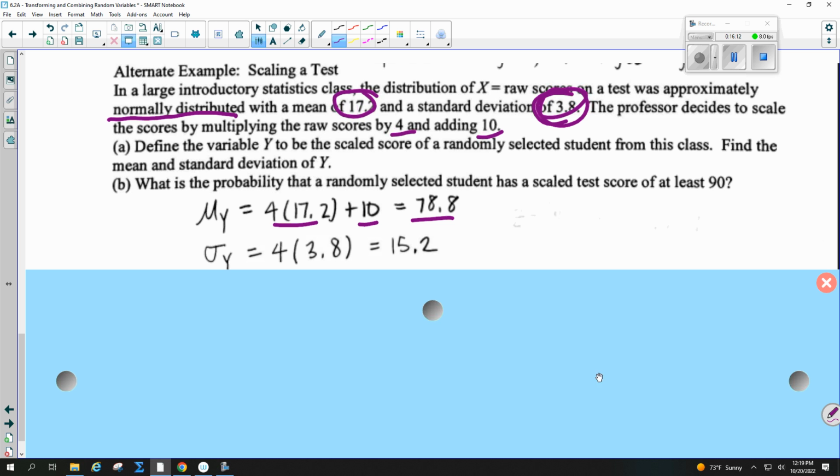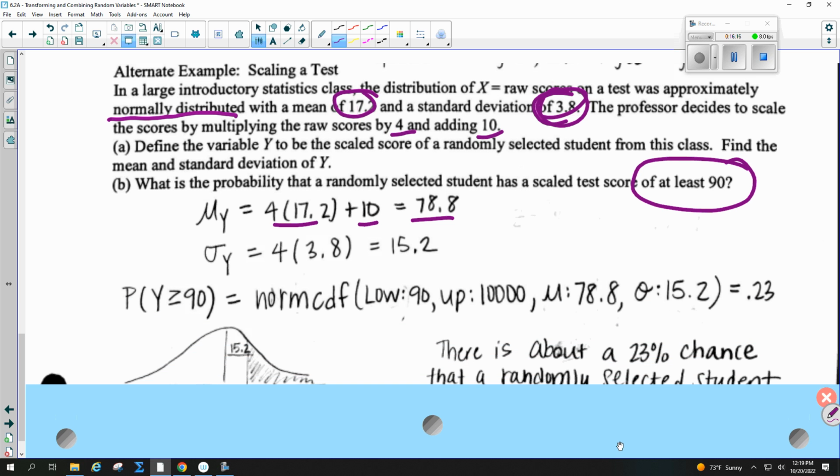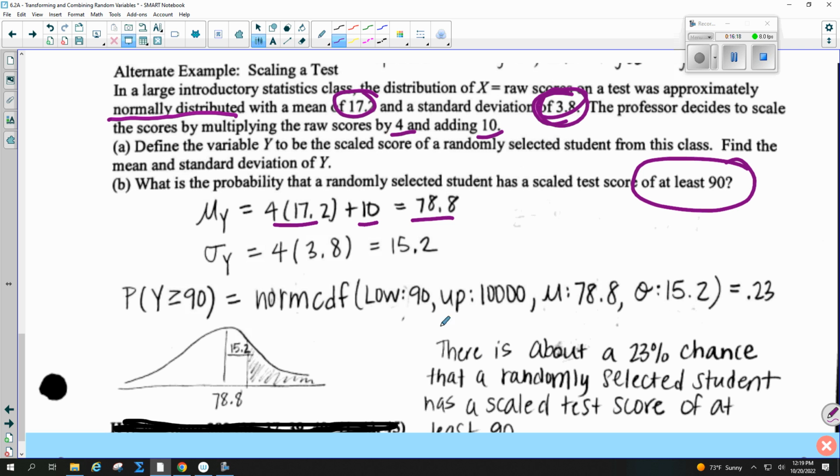So if I want to know what a score of at least 90 is, we can use normal CDF, lower bound 90, upper bound a big number, use this mean and this standard deviation for scores. And you get about 23% for your answer. All right, you guys, your homework is right here.